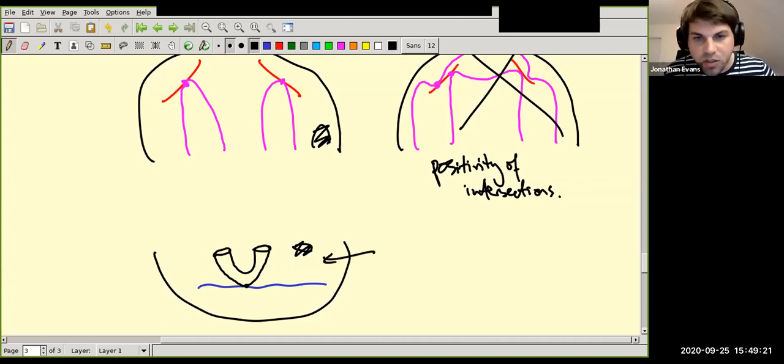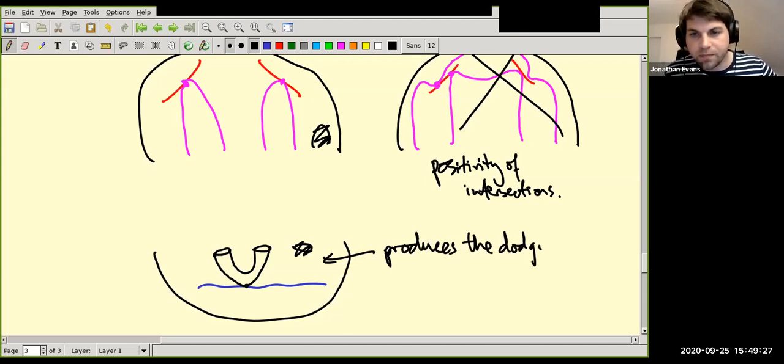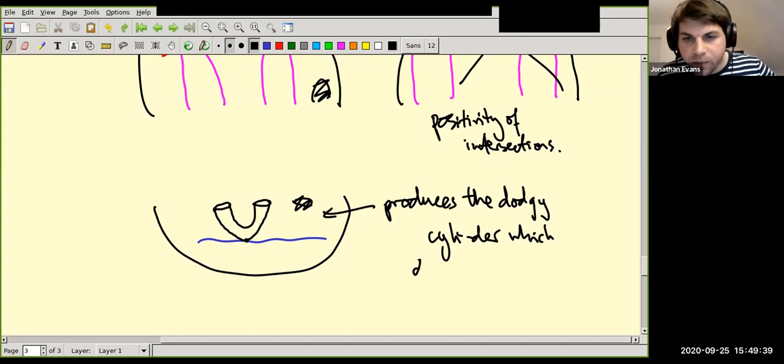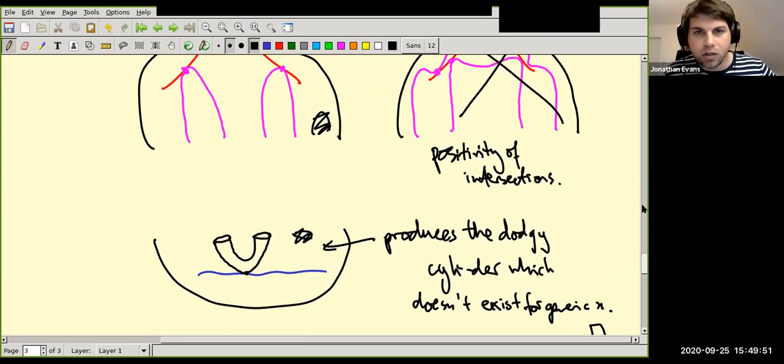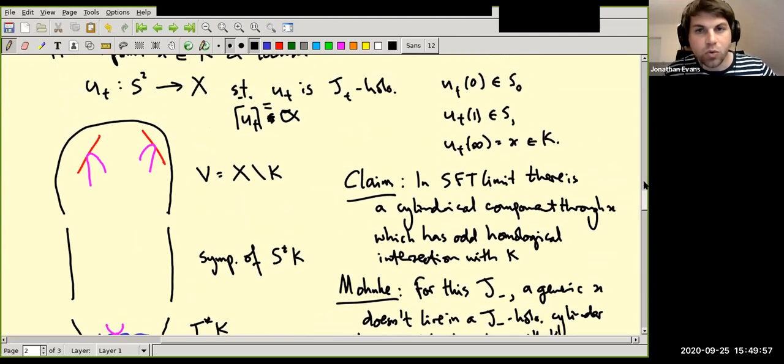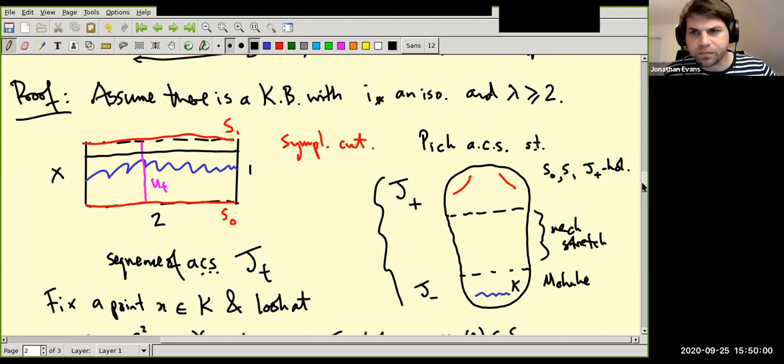So this produces the dodgy cylinder, which Monka ruled out, or which generically doesn't exist for generic X. Okay, so that proves the claim, which is then a contradiction. So this map can't be an isomorphism. Okay, are there any questions?